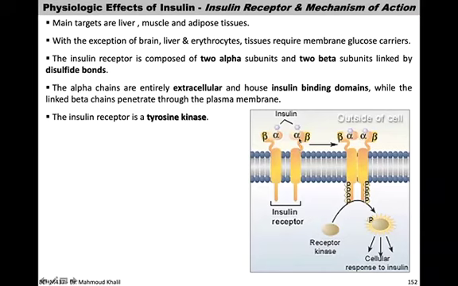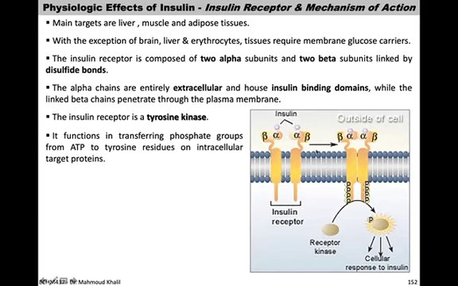The alpha chains are only extracellular, and they have the binding site for the insulin, while the beta chain, you can see, penetrates through the plasma membrane. The insulin receptor has built-in kinase activity because it is a tyrosine kinase. It functions in transferring the phosphate from ATP onto a tyrosine residue.